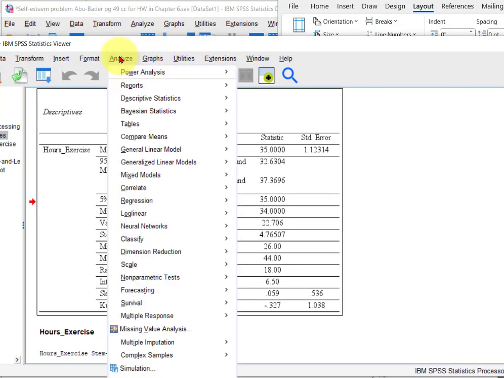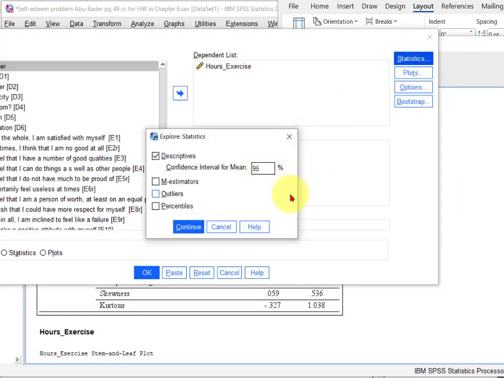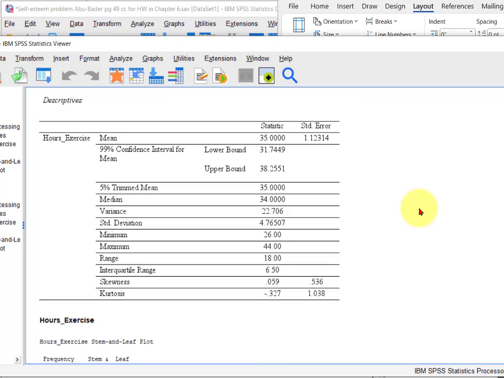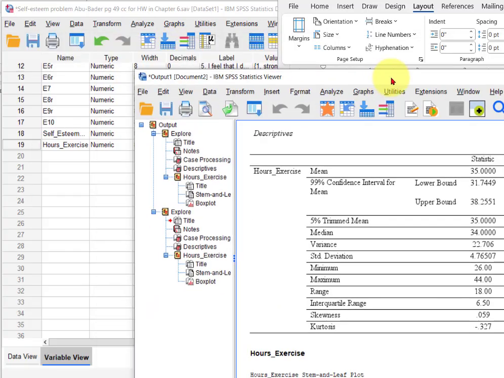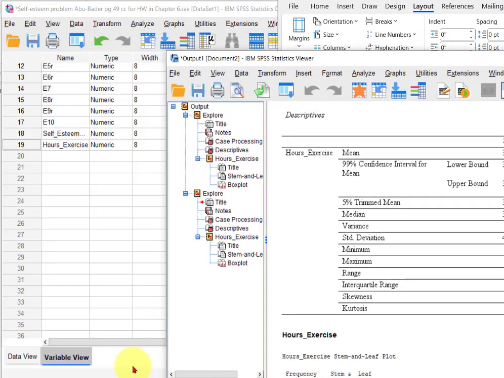So we can go to Analyze again, Descriptives, you Explore. And this time we're going to ask for the 99% confidence interval. And there it is. So 31.75 and 38.26.